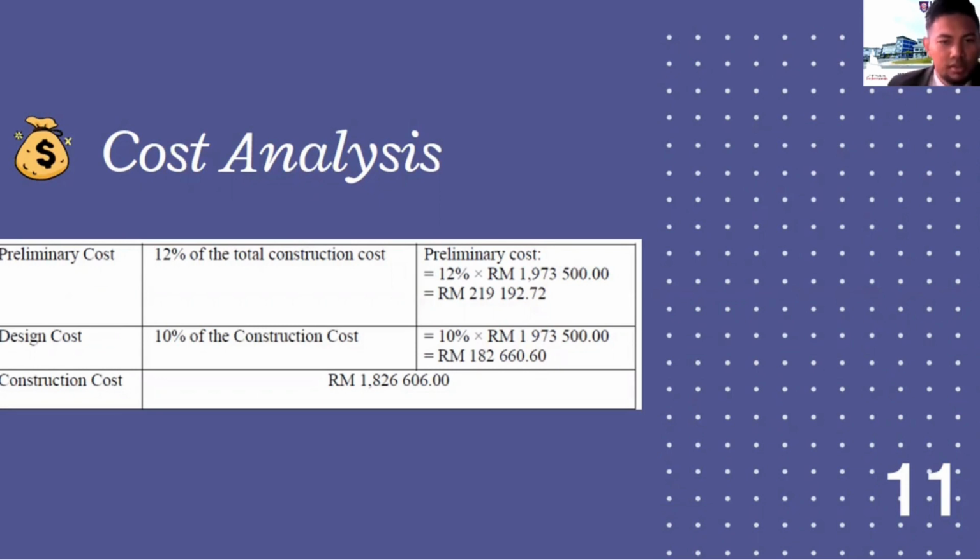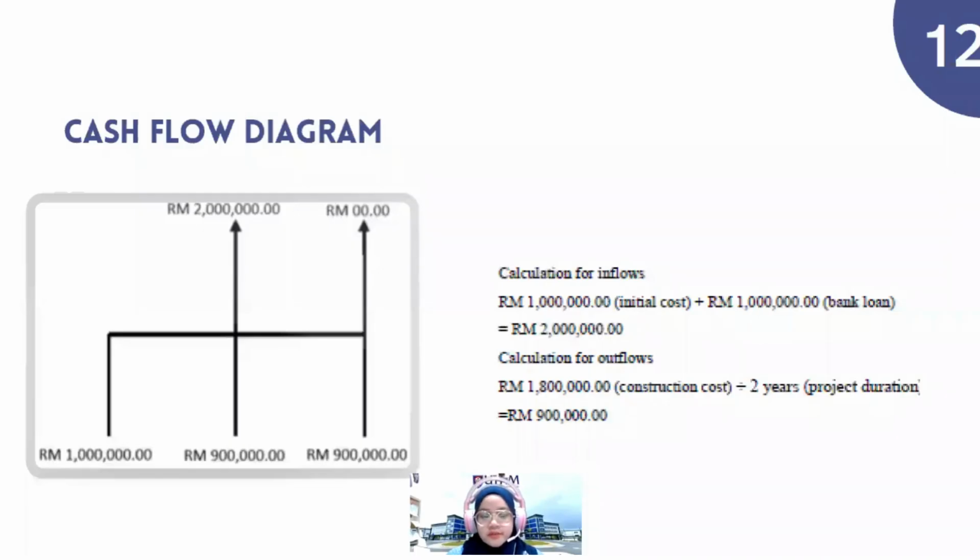So the cost for preliminary is 219,000. And then for the design cost, it's about 10% of the construction cost, and thus the construction cost will be around 1.8 million.